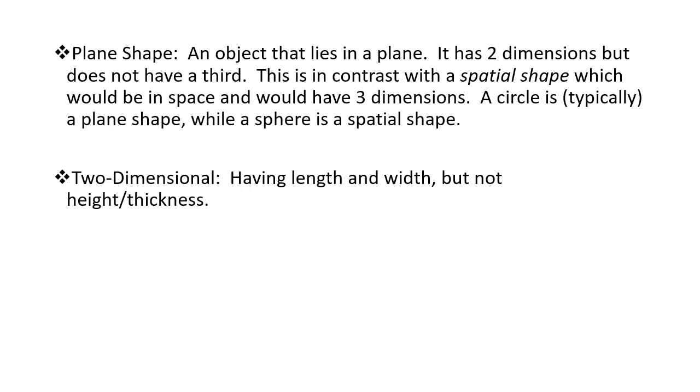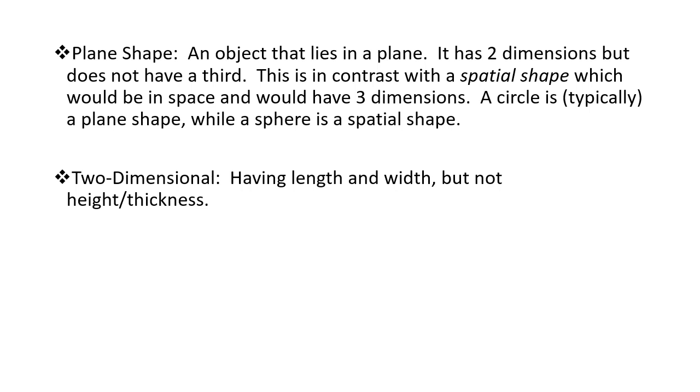If you could draw it on a piece of paper, where the paper is acting like a finite part of that plane, because remember the plane keeps going in the two different directions that are the two dimensions of the plane. So we could draw a triangle, we could draw a circle, we could draw a square on a piece of paper.